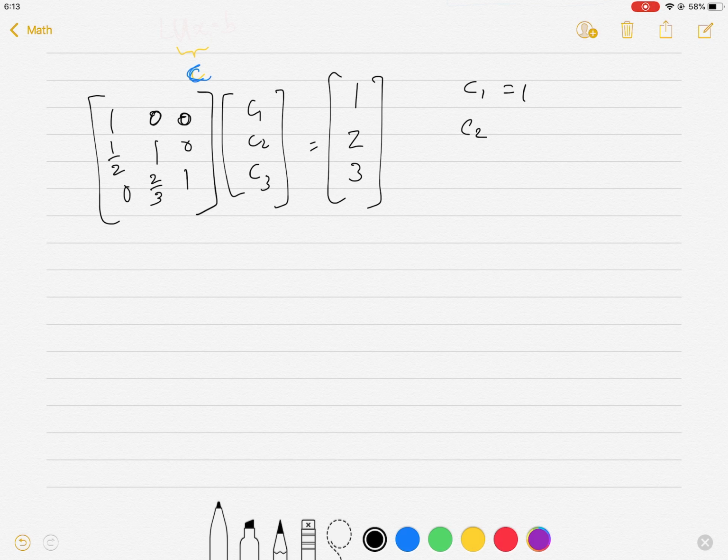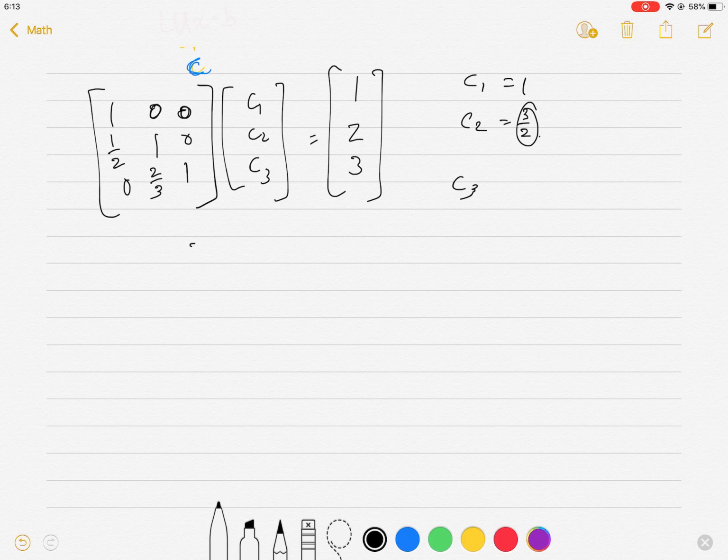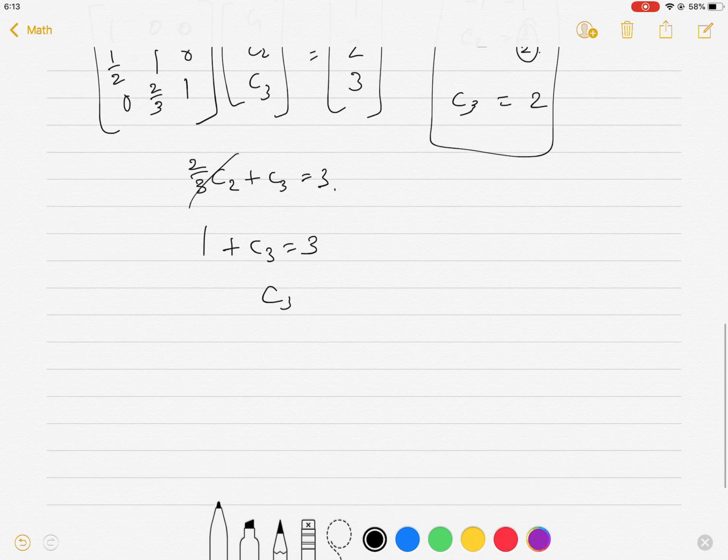C2: we would subtract 1/2 from 2, so that would be 3/2. C3: you plug in 3/2 into this equation. So 2/3 C2 plus C3 equals 3. This just becomes 1 plus C3 equals 3. C3 would be 2.